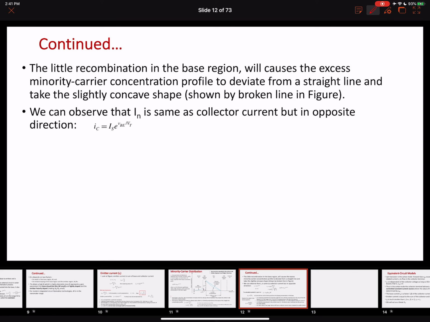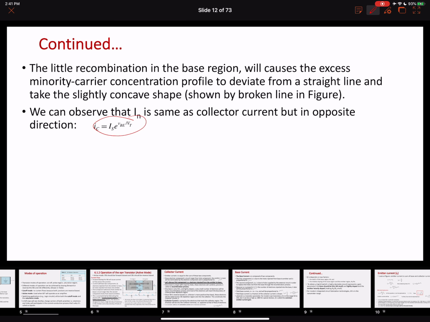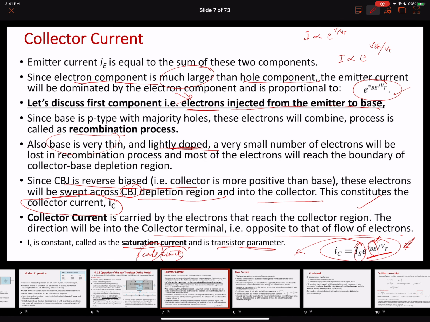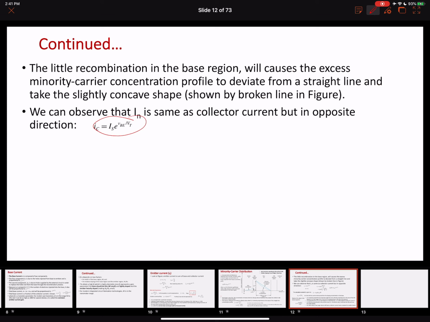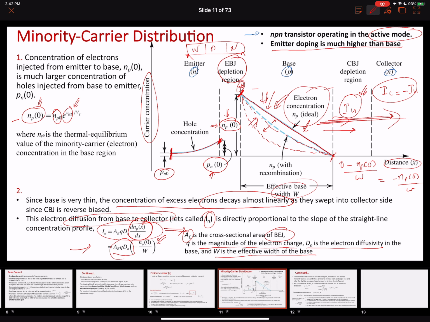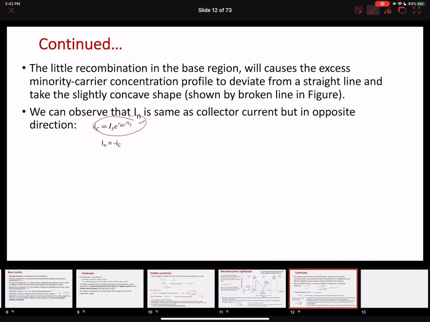And we know that this is the value of the collector current which we derived earlier: IC equals IS e^(VBE over VT). We also derived the value of IN, so now we can replace this value and derive another equation. IN equals minus IC.